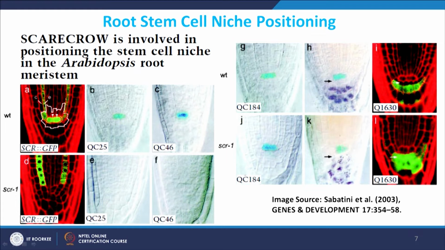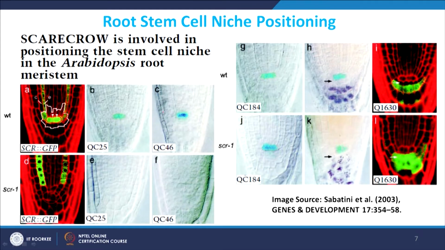So, here if you look at the expression pattern of Scarecrow, the promoter activity of Scarecrow driving GFP expression, it expresses very well in the QC and the initials for cortex and endodermis, but at the later stage the expression is restricted only to the endodermis and there is no expression in the cortex. But in the scarecrow mutant, the expression in the QC disappears.